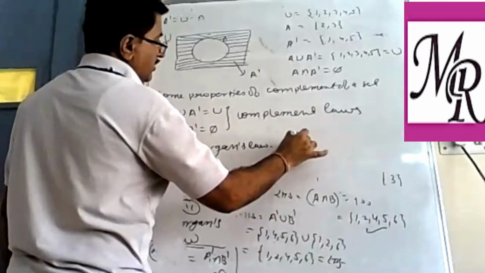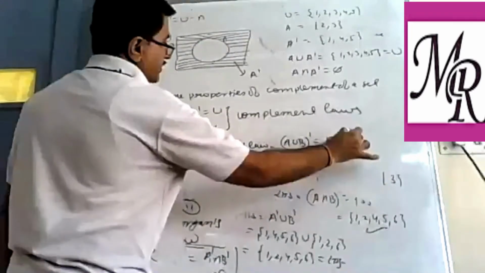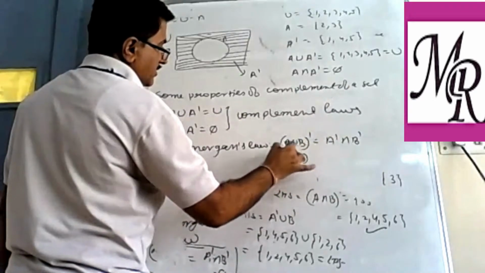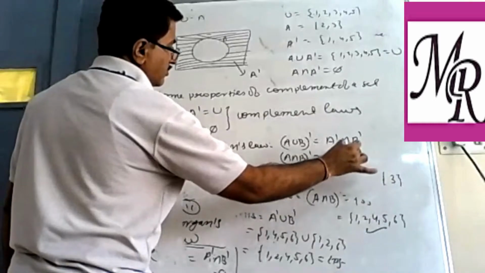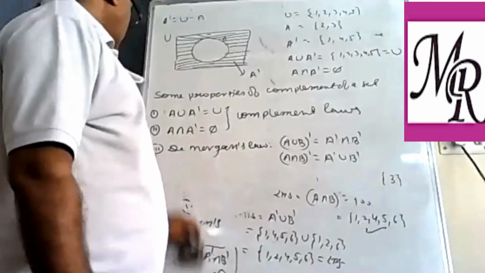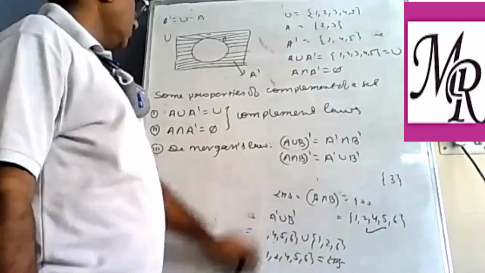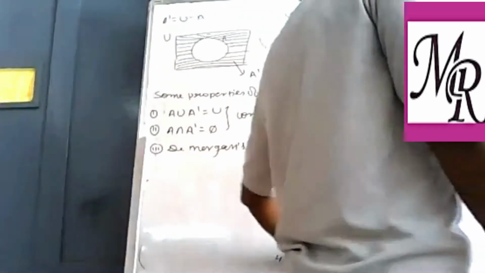A union B whole complement equals A complement intersection B complement, and A intersection B whole complement equals A complement union B complement. This is De Morgan's law we have already discussed. With the help of an example we proved these two, and in the exam you may be asked to prove this by taking a suitable example.